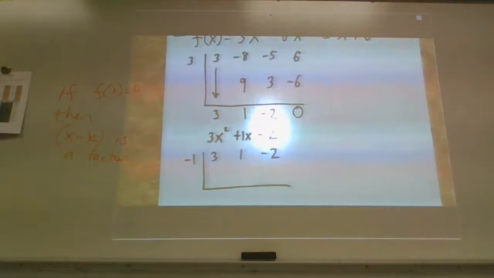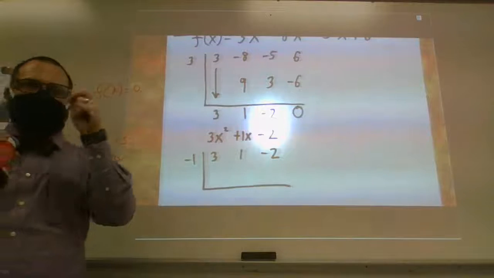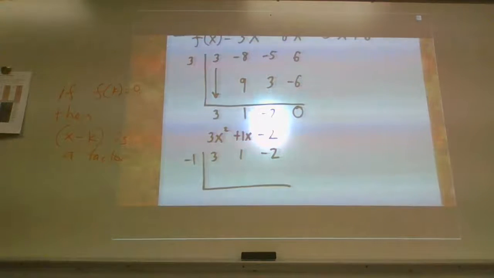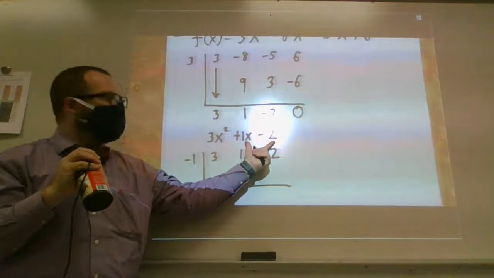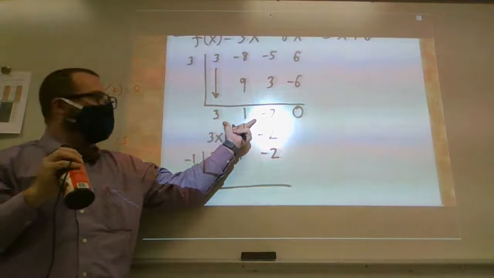Notice, I'm not going back to the original cubic. I'm done with the original cubic. What I'm worried about is what I have left over, this quadratic, based on the numbers from the previous synthetic division.